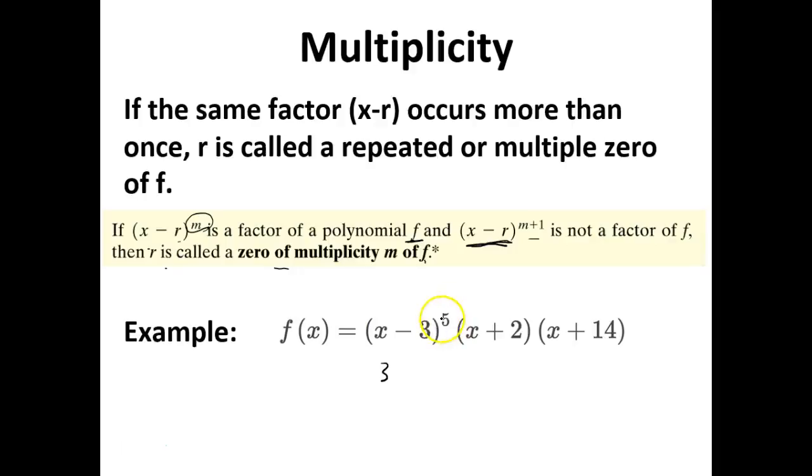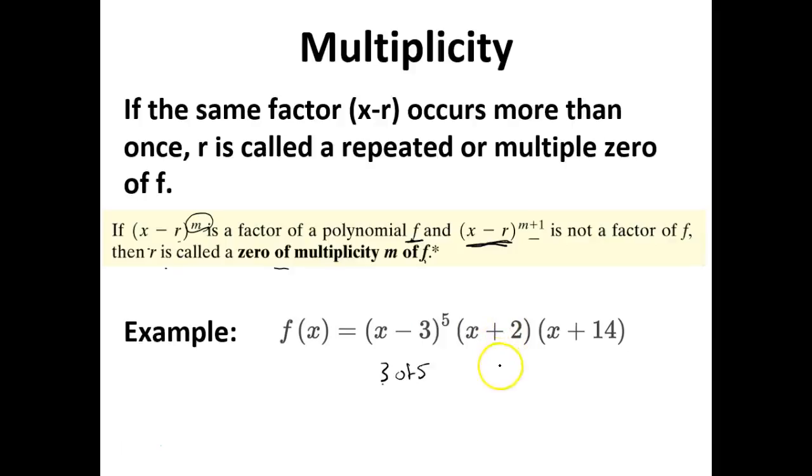The largest exponent here is the 5. That's the largest exponent. It's a zero of multiplicity 5. 3 is a zero of multiplicity 5. That's what the multiplicity is.